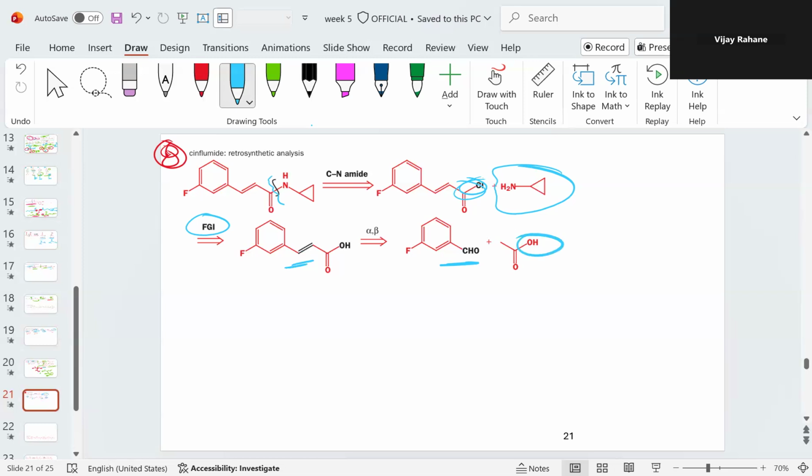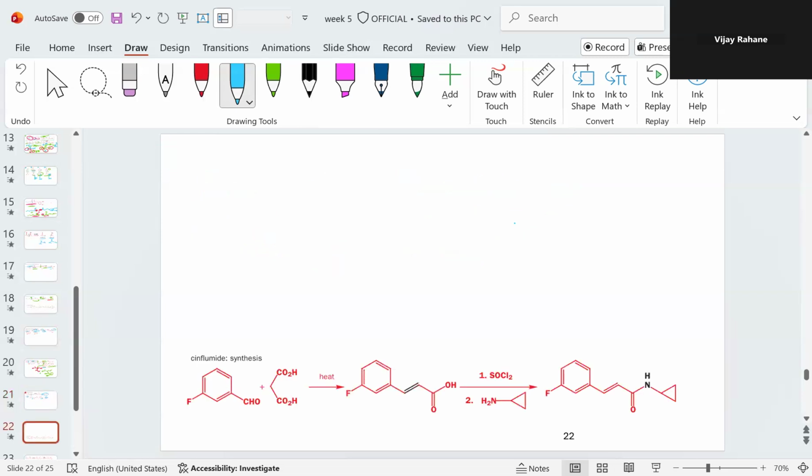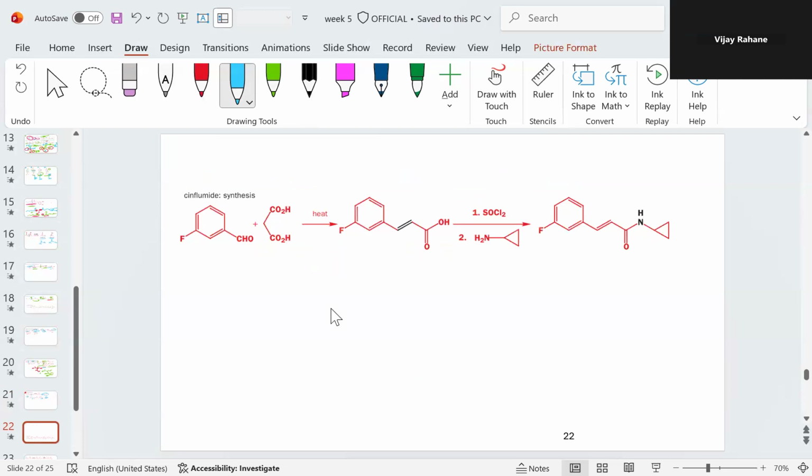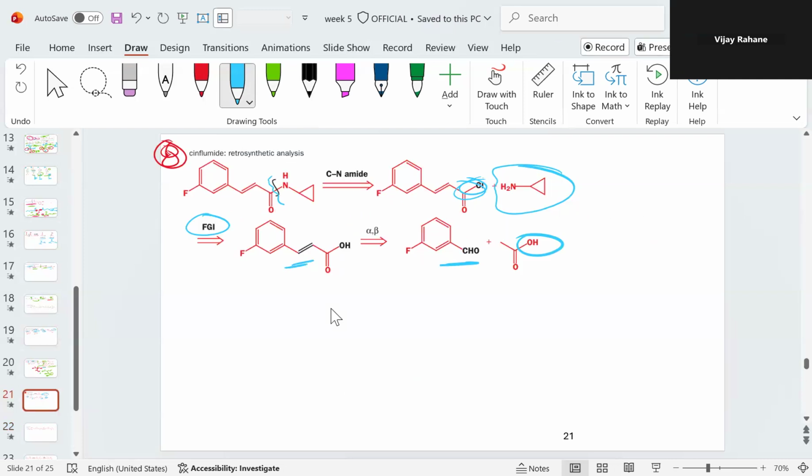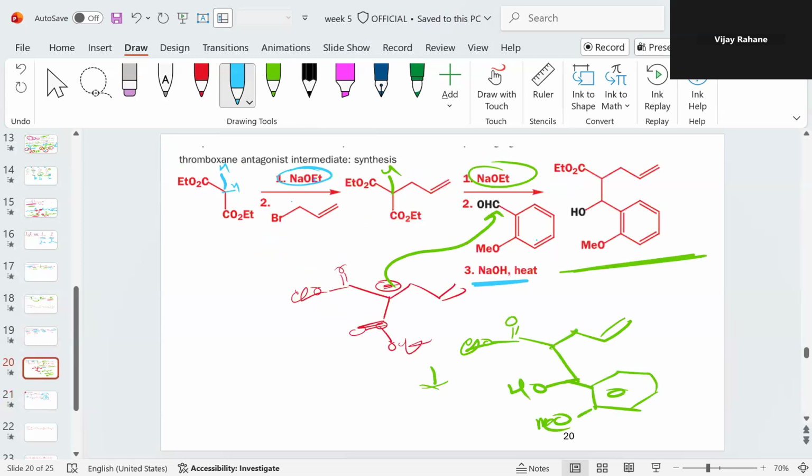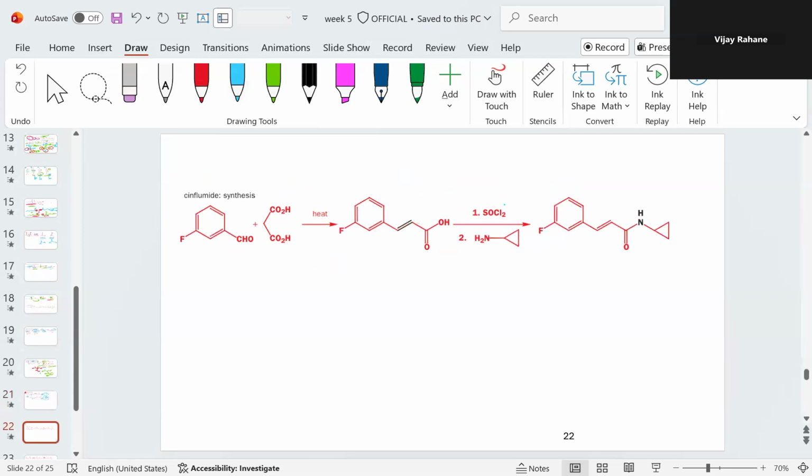So if you look at the linear synthesis, for this acid part, as we saw the use of diethyl malonate earlier, instead of directly using acid, we can use this diethyl malonate.